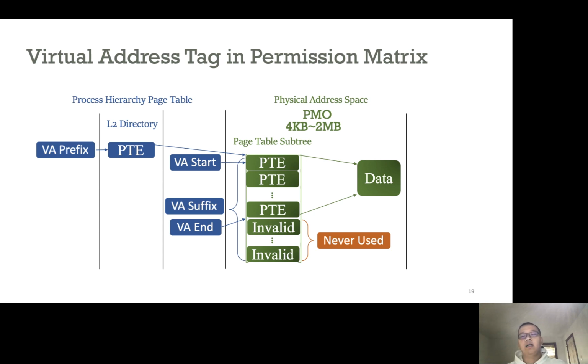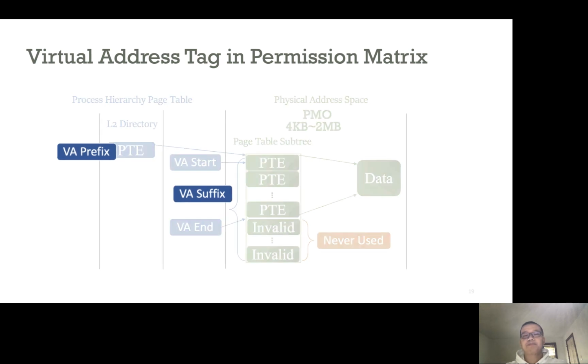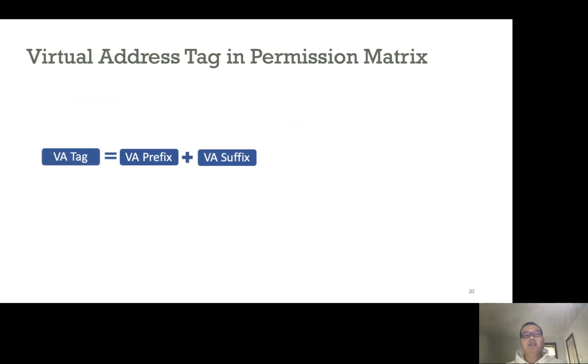All the data in this PMO can use the same size of suffix to locate the data. Then we can design the virtual address tags to represent the virtual address range of a PMO. The virtual address range tag has two parts. First is the prefix as we introduced previously, and the second part will just be represented as several X.